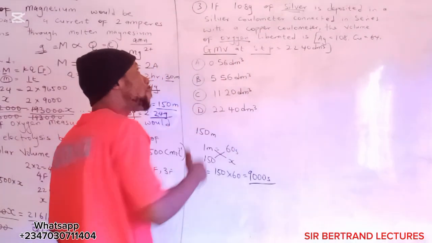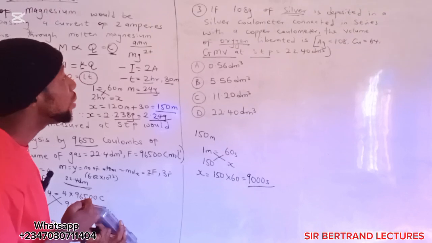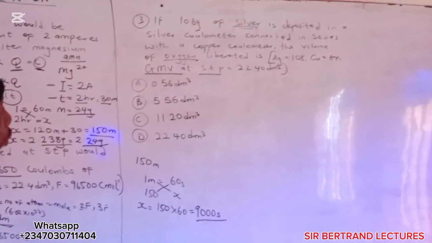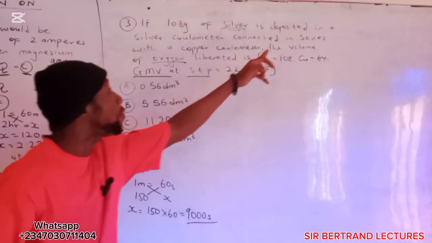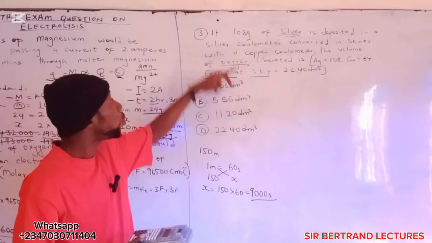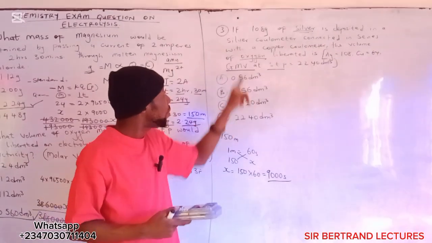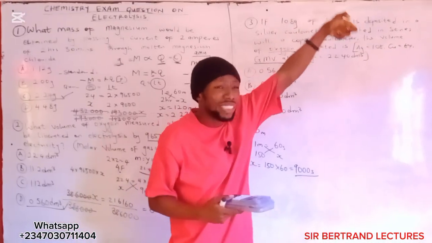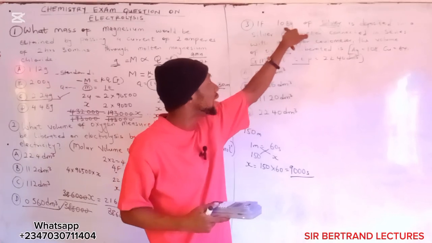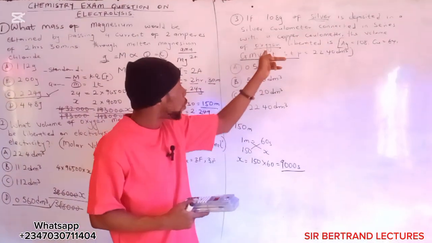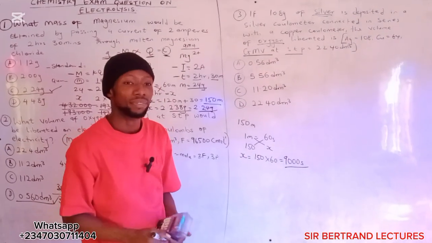Oxygen. If 10.8 gram of silver is deposited in a silver voltameter connected in series with a copper voltameter, the volume of oxygen liberated is dash. So you have to solve for the quantity of charge that will liberate 10.8 gram of silver, then use that quantity of charge to calculate the volume of oxygen that will be liberated.